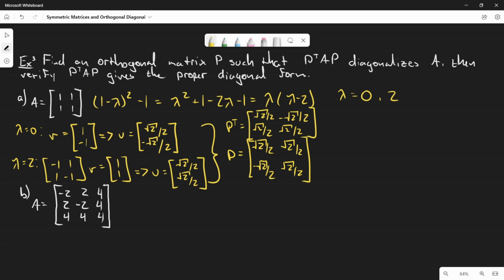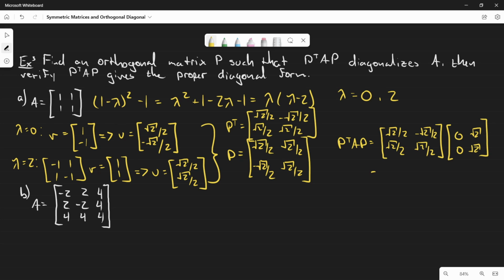And that's our P. Then when we multiply them, we get P transpose times A times P. We have the transpose, root 2 over 2, root 2 over 2, negative root 2 over 2, then root 2 over 2, and then we multiply A times P, we will get 0, 0, root 2, root 2.